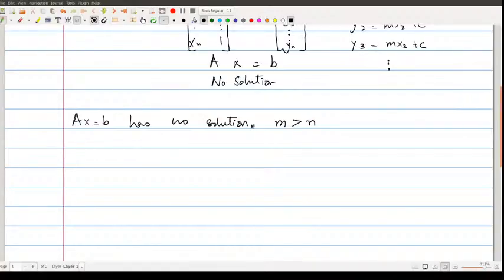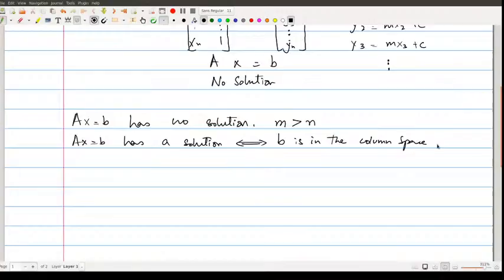If Ax = b has no solution, recall that when it does have a solution, I can think about it in terms of the column space of A. This is something we talked about from lecture 1: when Ax = b has a solution, it's the same as saying b is in the column space of A. Which means if it has no solution, then b is not in the column space of A. So let's try to visualize that.